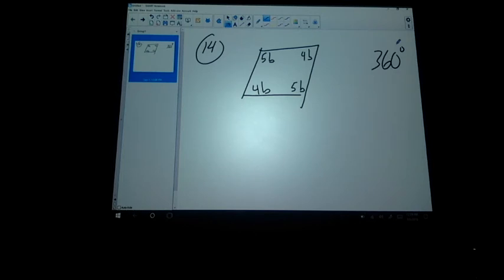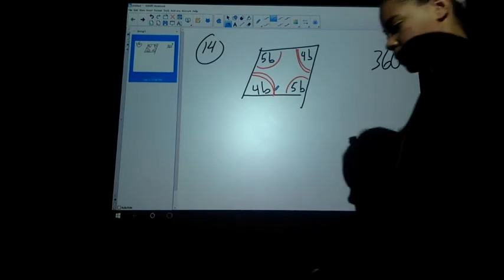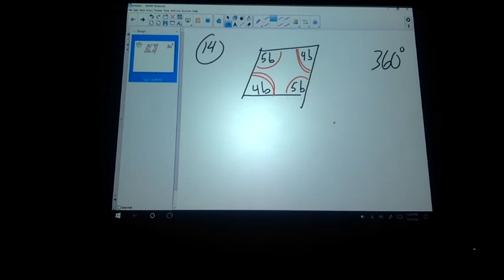So solve for B first, and then tell me what each of the angles would be. This angle here and this angle here should be the exact same because they're both 5B. And this angle here and this angle here are going to be the same because they're both 4B. So if I add up all my angles, it'll equal 360.